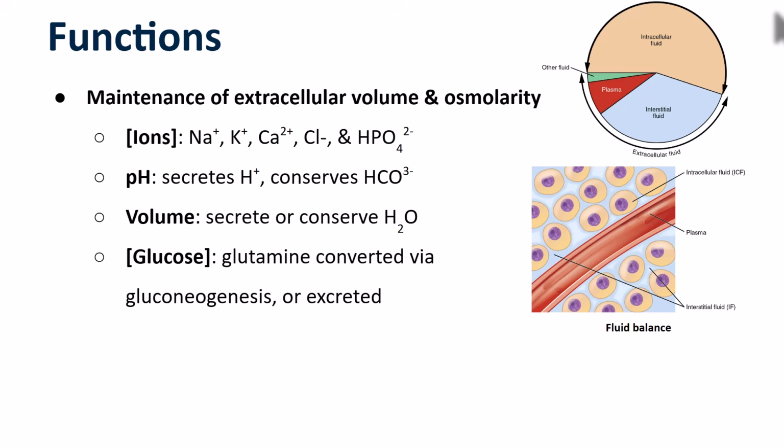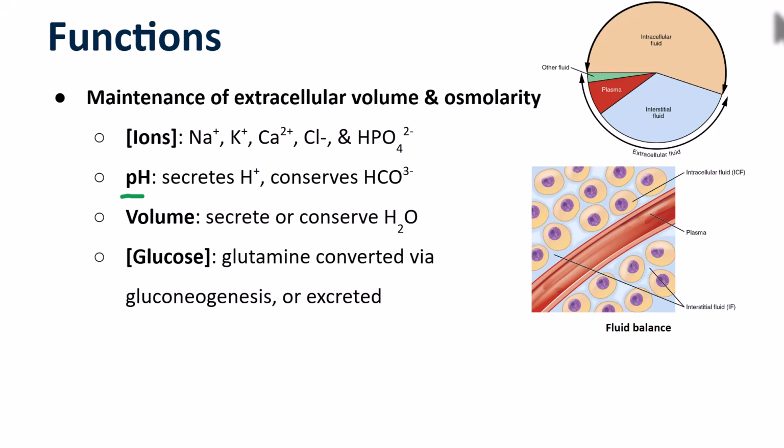So in particular, your kidneys are wonderful filters for various ions. So sodium, potassium, calcium, chloride ions, phosphate, etc. The nephrons, which are the functional units of your kidneys, have the ability to retain or excrete a lot of these. And in so doing, this sets up the opportunity for your kidneys to be involved in the maintenance of pH homeostasis.